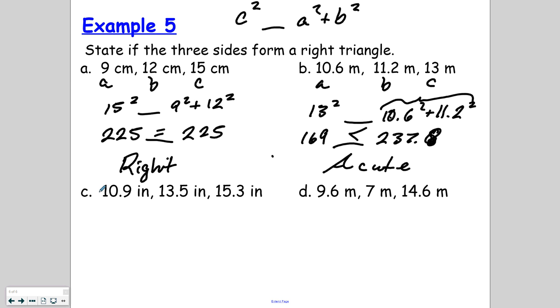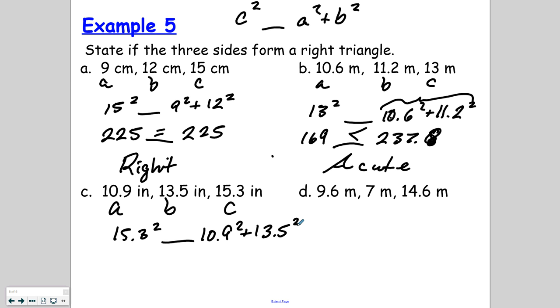For C, 15.3 is our hypotenuse. The other two are the legs. When we type this out, we get a bunch of decimals, and that's all good because we can just type it into our calculator anyway, or if we had to, we could do it by hand.